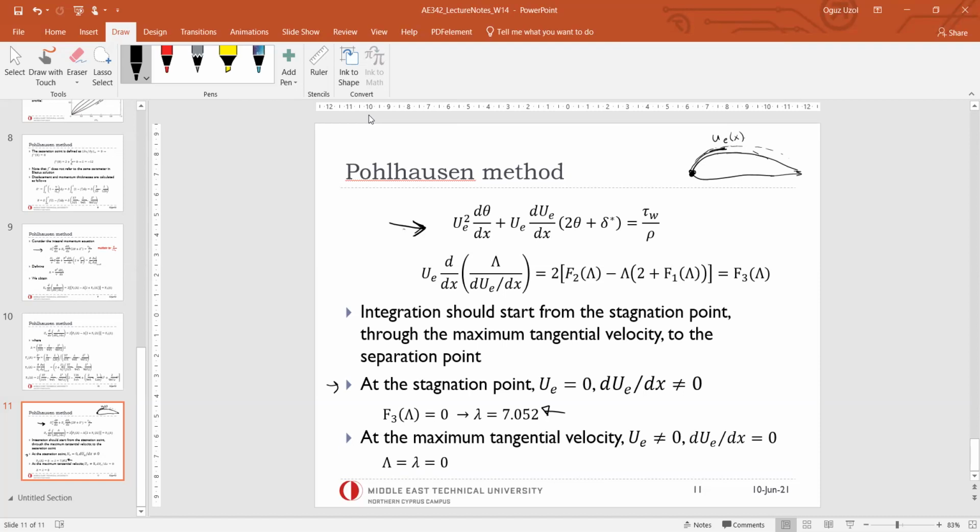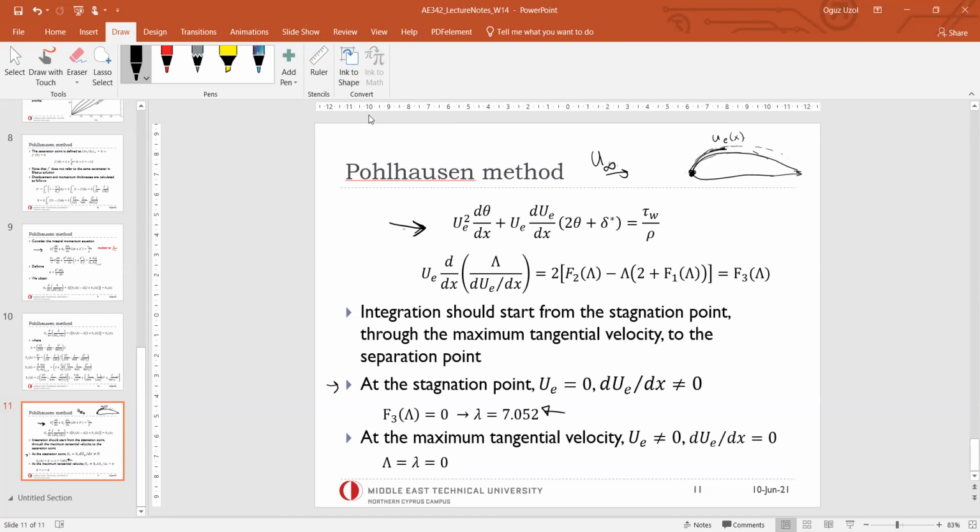In a flat plate problem, Ue is a constant, and it is equal to U infinity, not changing with x. But in a more realistic curved surface problem like an airfoil, in some places maybe it can be equal to U infinity, but in general it is changing with x.